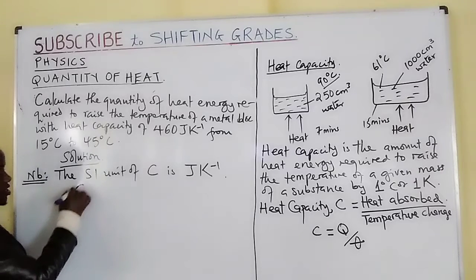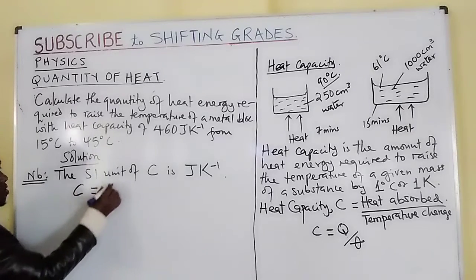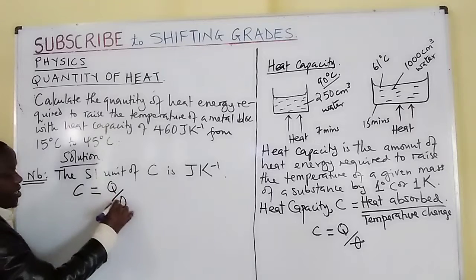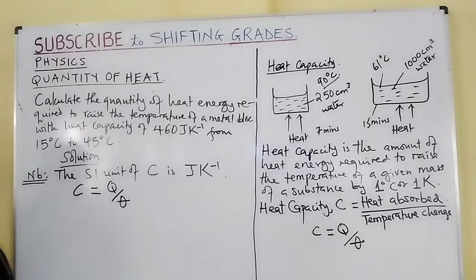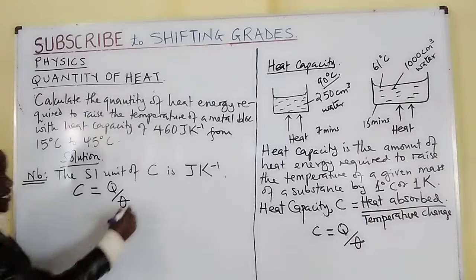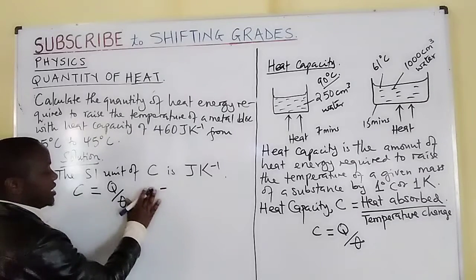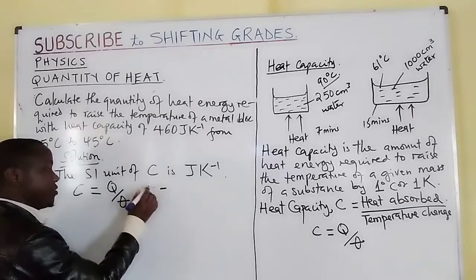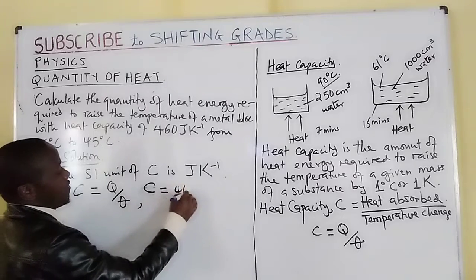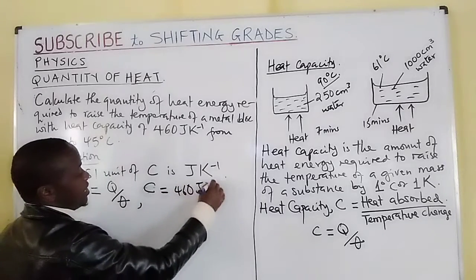Now, remember that quantity of heat divided by the change in temperature gives us the heat capacity. And in this case, heat capacity, capital C, is equal to 460 joules per Kelvin.